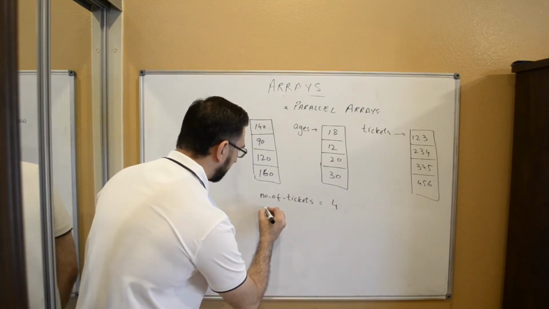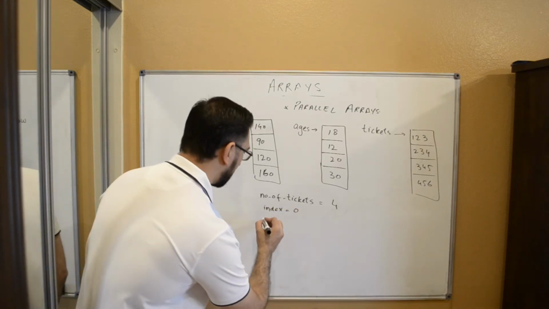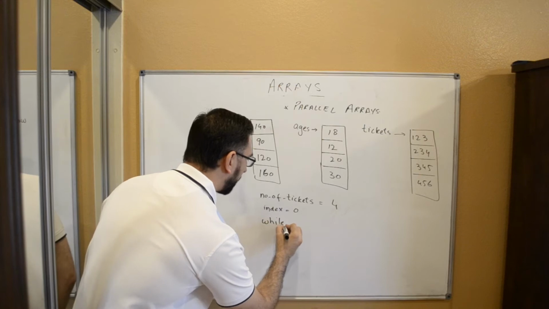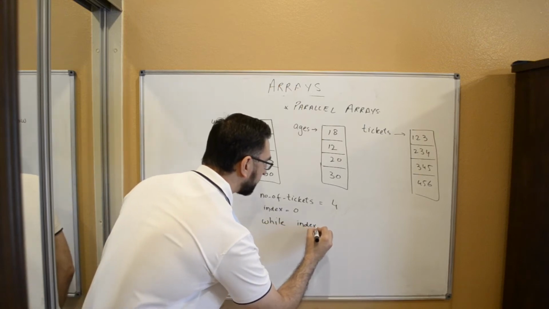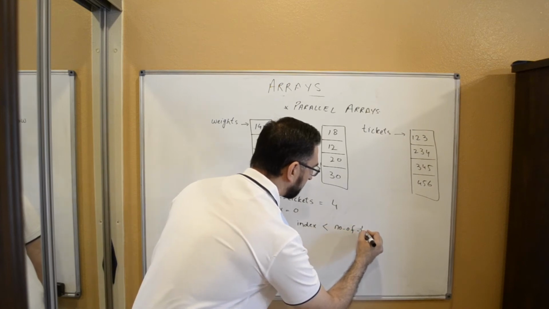Our starting index is initialized to 0. We will have a while loop where index is less than number of tickets.